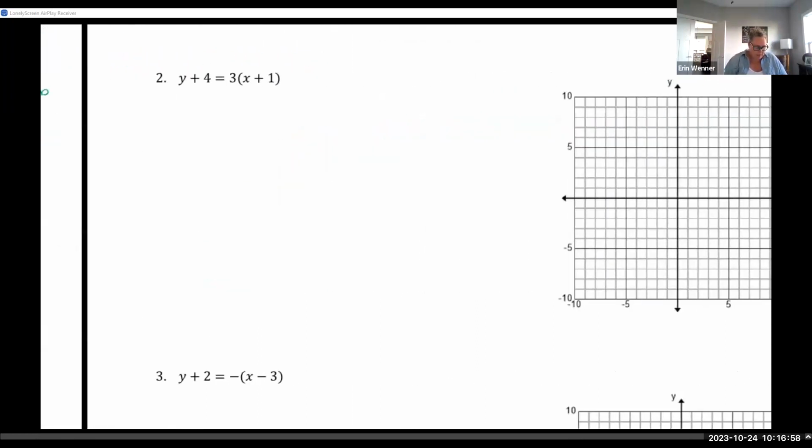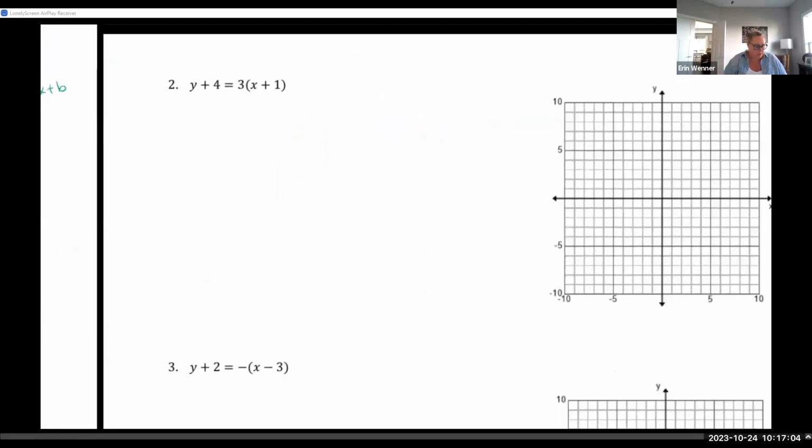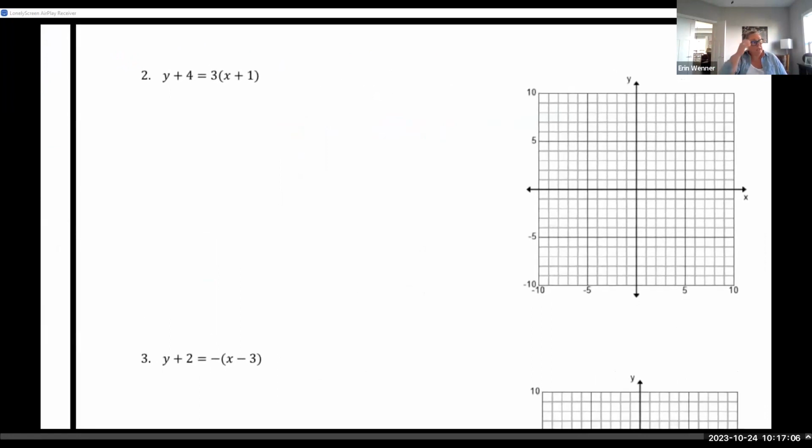this is what I was talking about, being able to recognize what the plus signs mean, right? So I have y plus 4 equals 3 times x plus 1. But remember, our general formula is y minus. So we need to push this equation into that format that has subtraction.